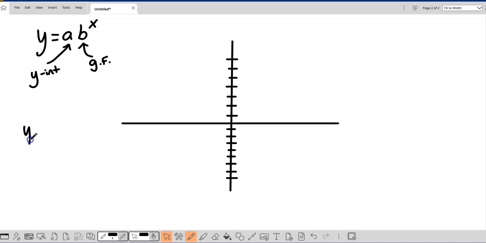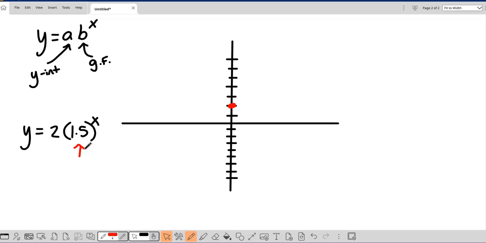So just to give a quick little example, suppose I had this, right? My y-intercept would be 2. You guys don't need to write this, by the way, it's fine. And this number here is bigger than 1, which means that it's a growth.